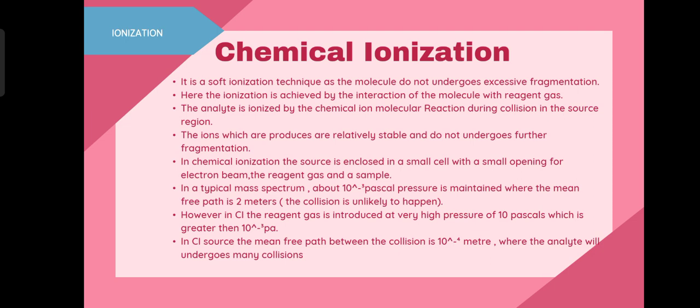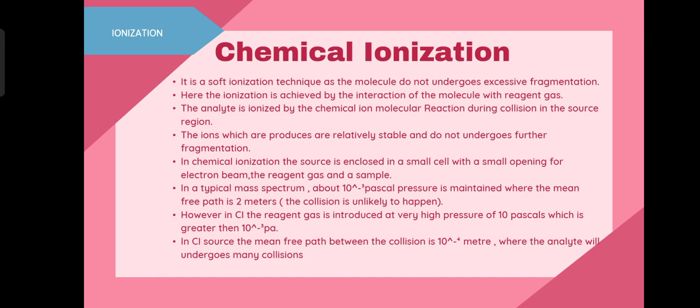So in a normal mass spectrometer, the pressure maintained is only 10 raised to power minus 3. At such a low pressure, the mean free path between the electrons and the reagent gas will be 2 meter.